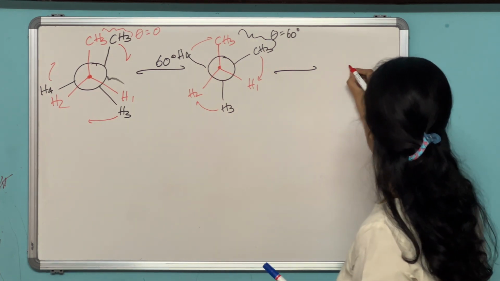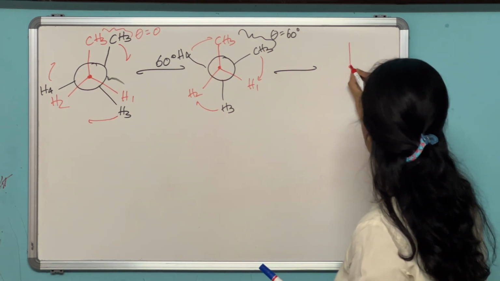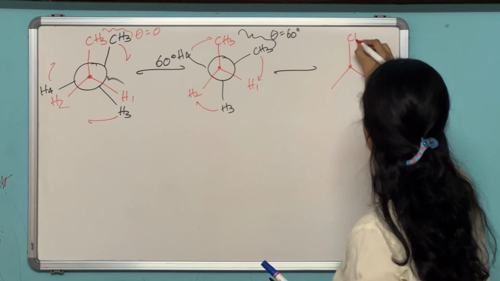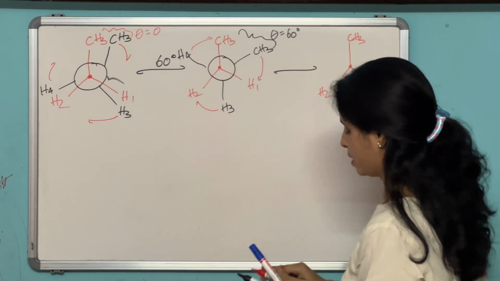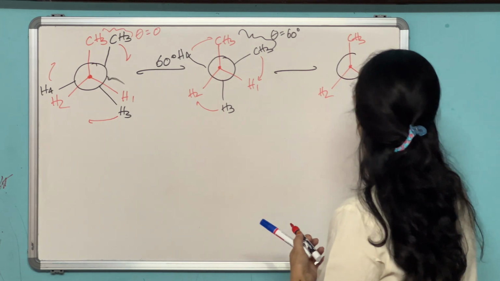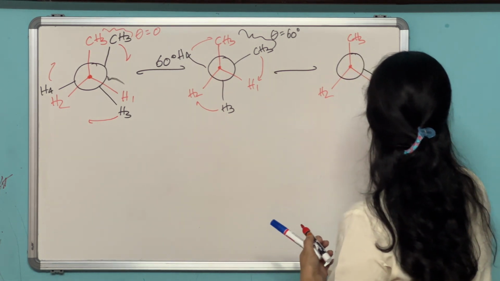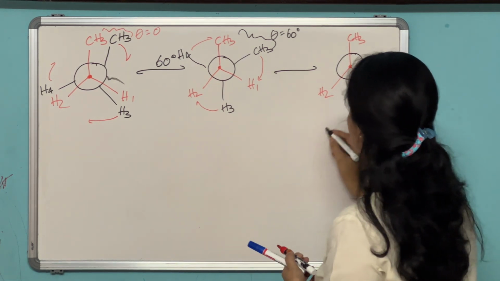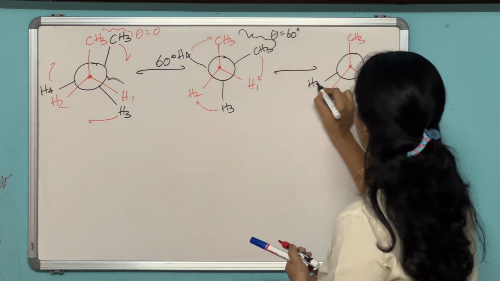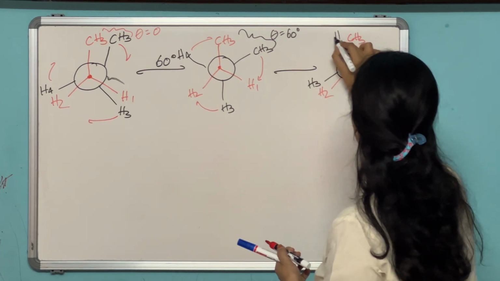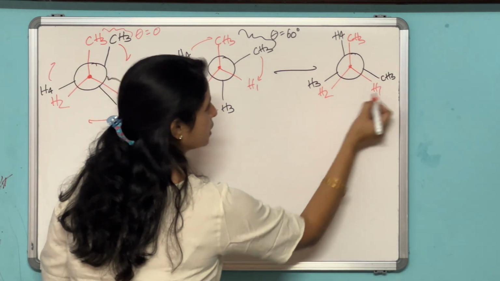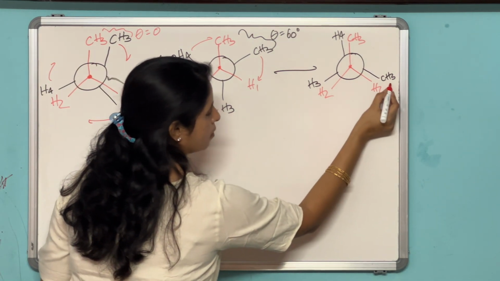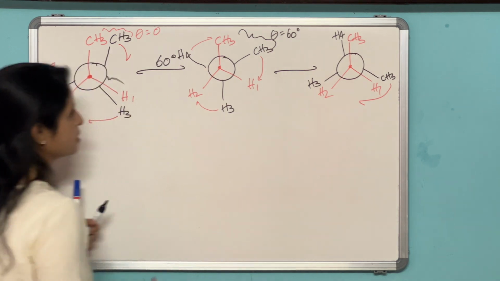So what will your new conformer be? Here it is CH3, H1, H2, and CH3, H3, H4. Now again you move the back carbon by 60 degrees.